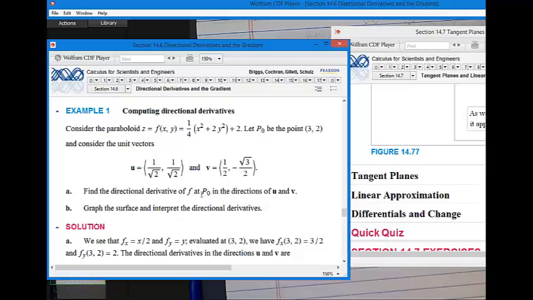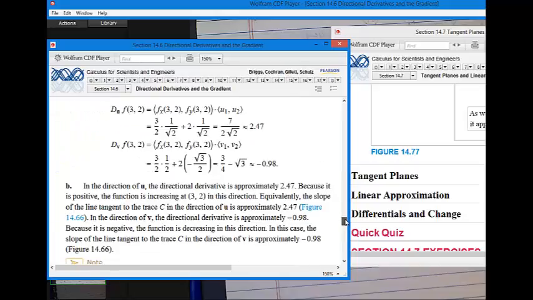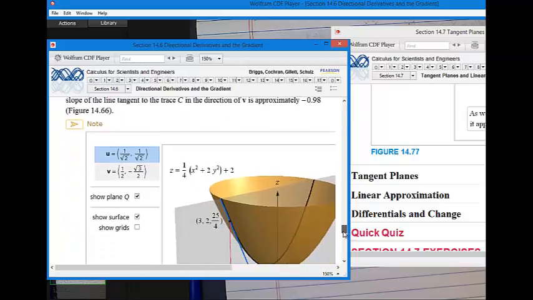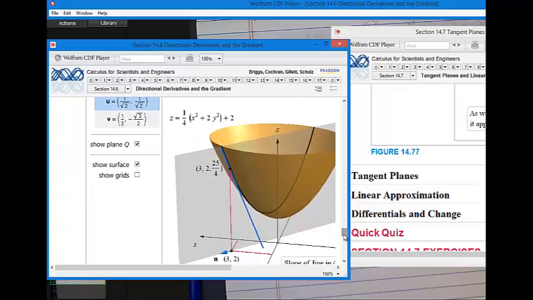Part A, when it says find the directional derivatives in the directions of u and v, you definitely want to do dot products. And so you're going to see that they do that. They compute some partial derivatives. Here's the dot products that they do. Okay? But my reason for showing the example is to show you the picture. So here is the surface. z is a quarter, x squared plus 2y squared plus 2.